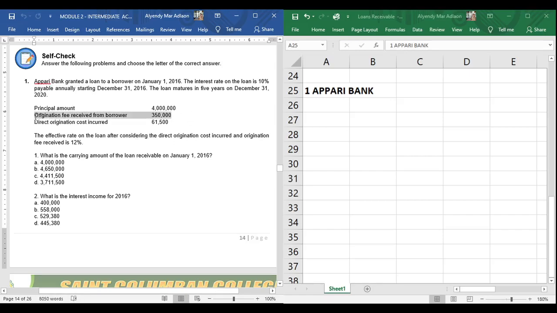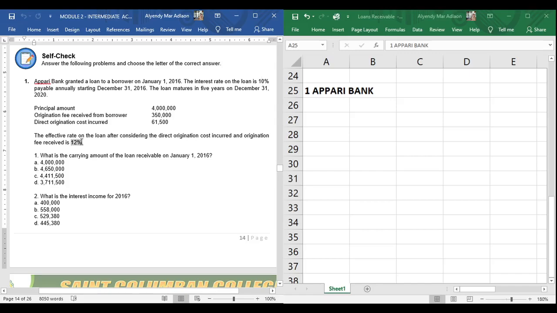So, that means, kung imo ang i-total na amount, dili lang din na siya 10%. But, after considering the origination fee and the direct origination cost, ang atuwa di ay interest rate is 12%. Okay, but take note ha, wala ni siya nag-change sa fact nga magbayad, ang interest ng bayaran is 10%. 10% lang gihapon.